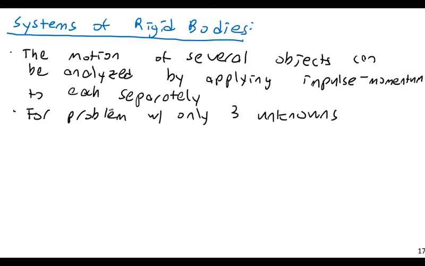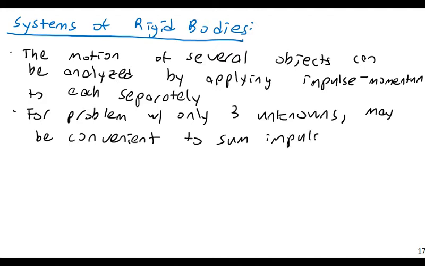So if you have a problem with only 3 unknowns, it may be convenient to just sum impulse and momentum about the whole system.